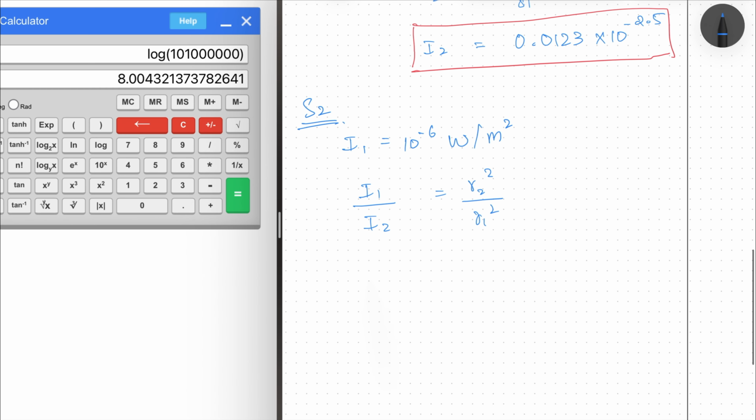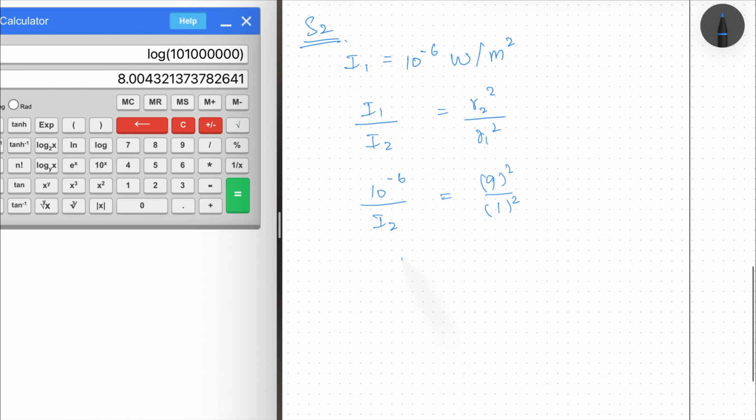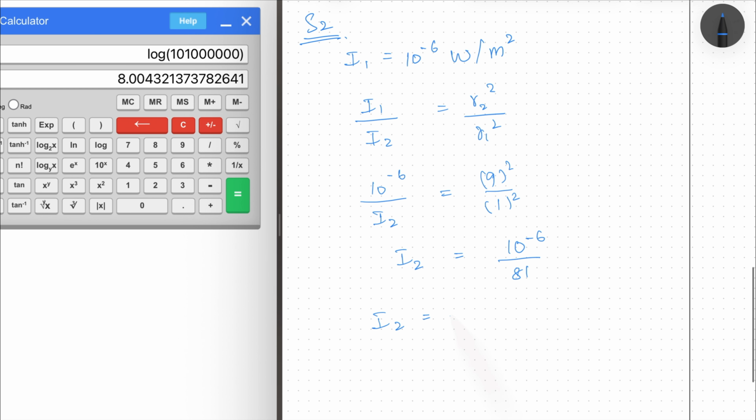So 10 to the power minus 6 by I2 is equal to 9 square by 1 square. So you'll get I2 is equal to 10 to the power minus 6 by 81, which would give you again 0.0123 into 10 to the power minus 6.